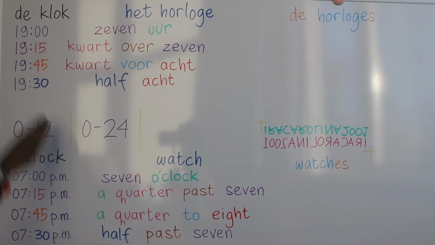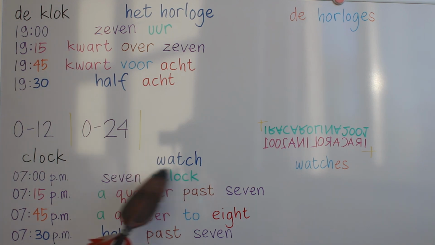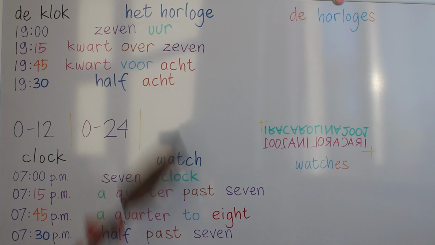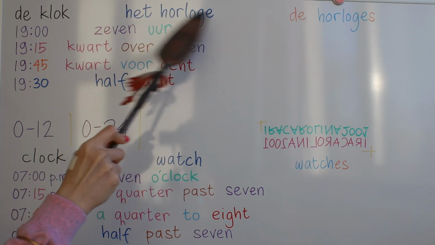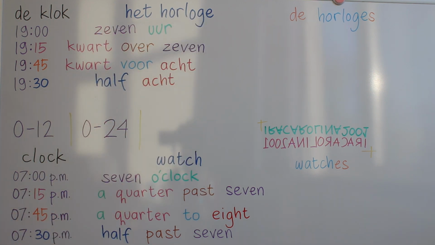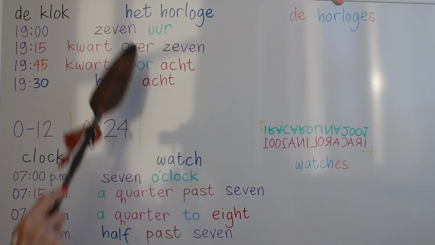Clock, the clock. Watch, het horloge. Some nouns in Dutch use de for "the", and some nouns use het.